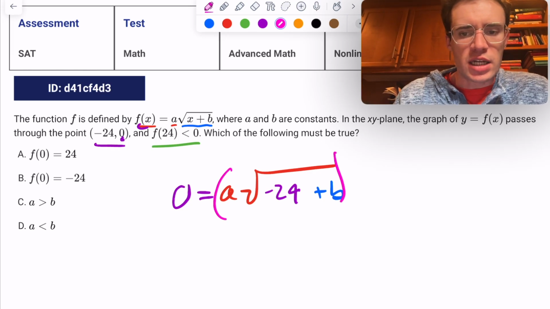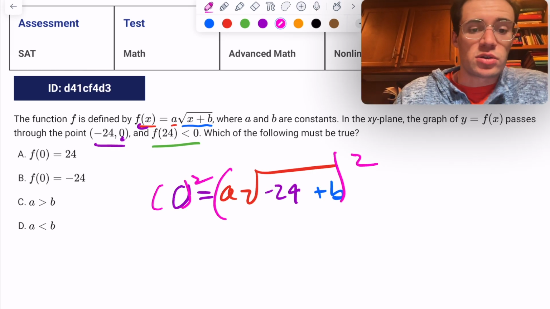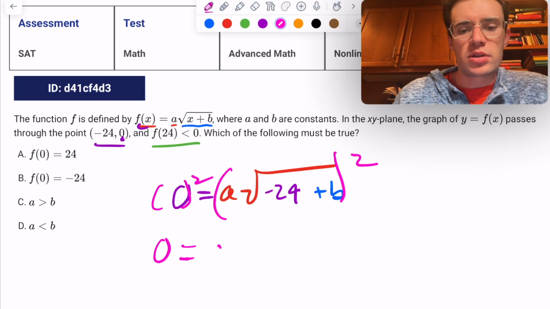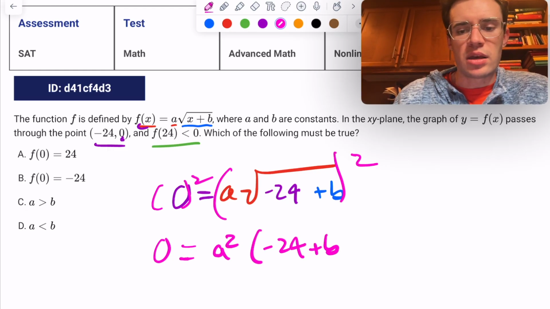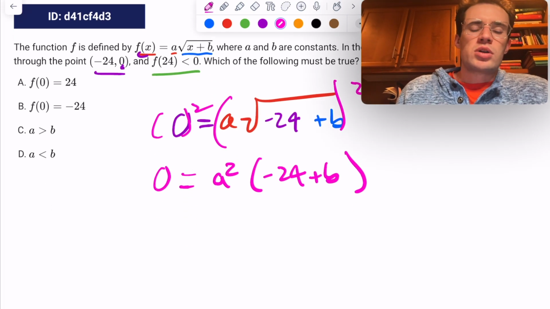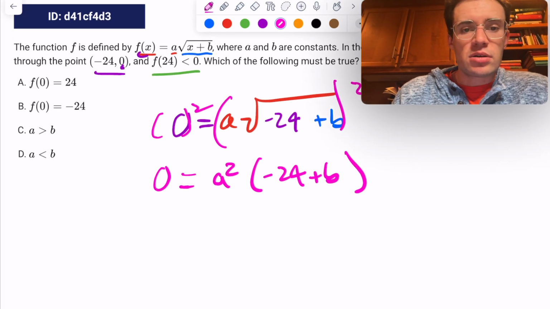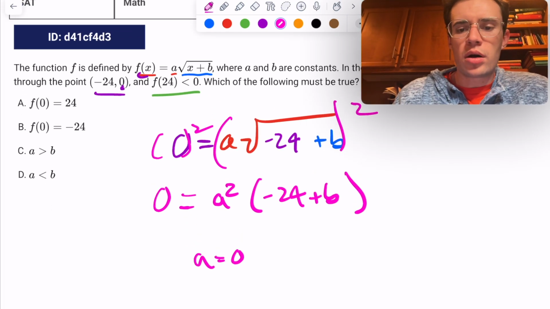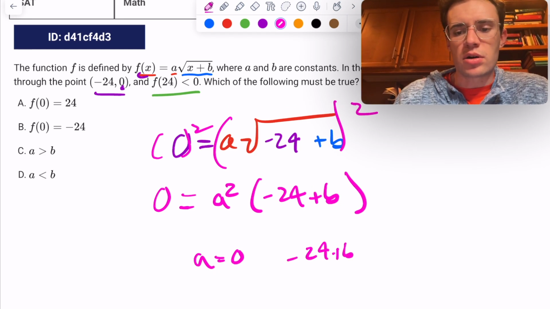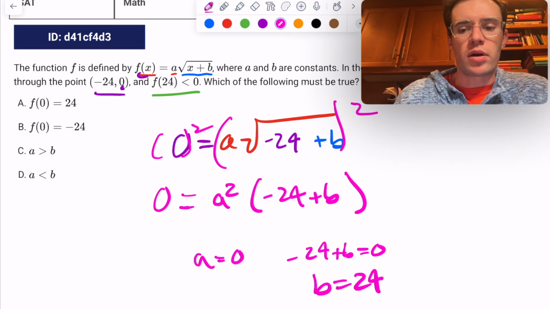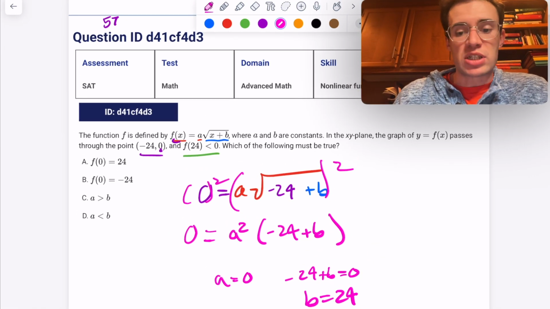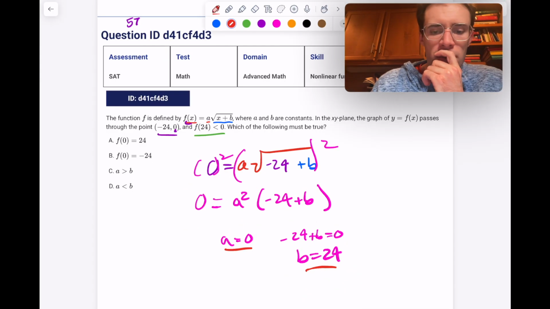So square the entire right side, square the entire left side. 0 squared is still 0. So 0 equals a squared times negative 24 plus b, which tells us that either a is equal to 0 or negative 24 plus b equals 0, which is true when b is equal to positive 24. All right, so those are two options. It doesn't necessarily mean a is 0 or b is equal to 24. So these are both possible.